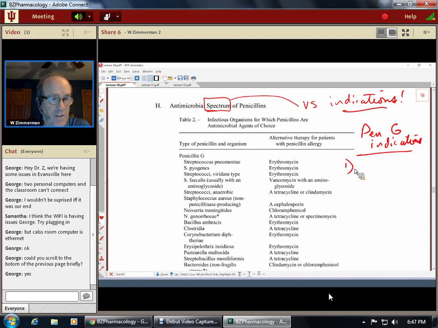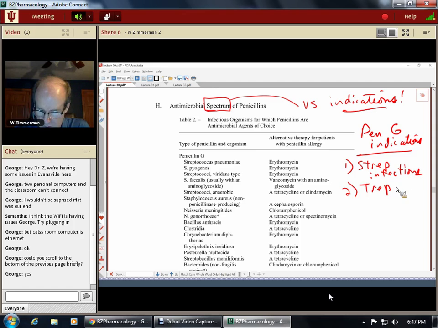One, it still works for a lot of strep infections. As I mentioned on the other page, it's for syphilis, Treponema, that's a causative organism. It's still the drug of choice.